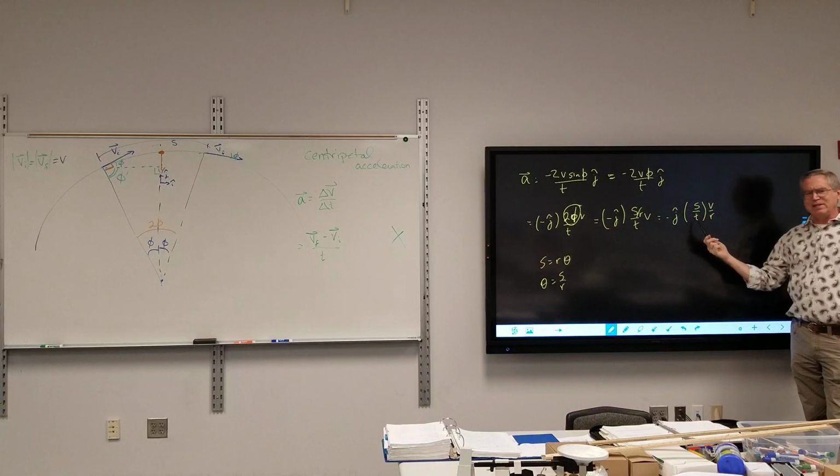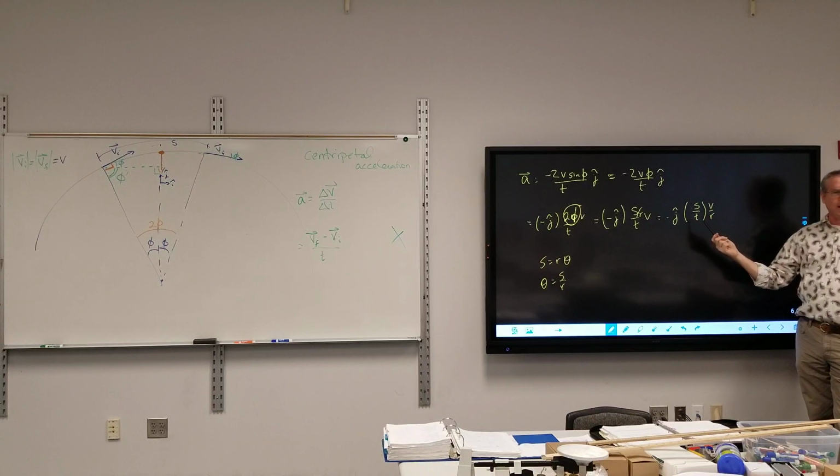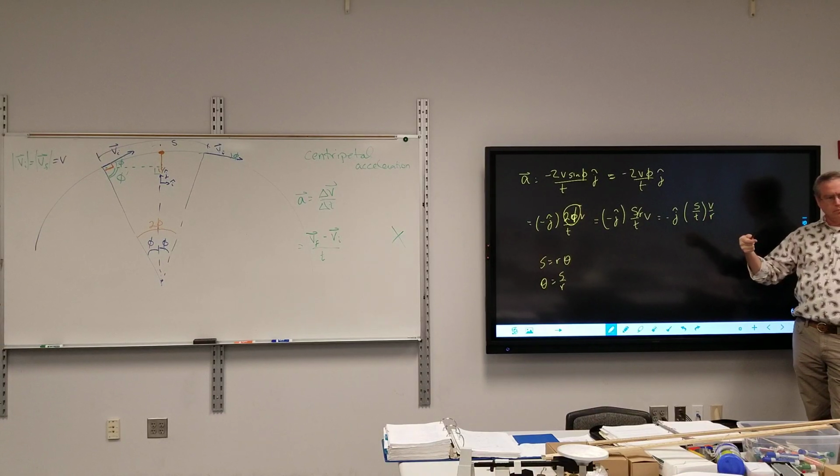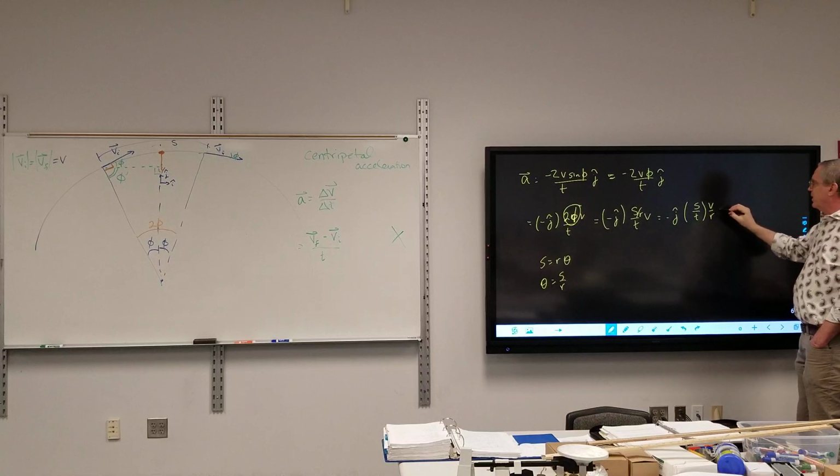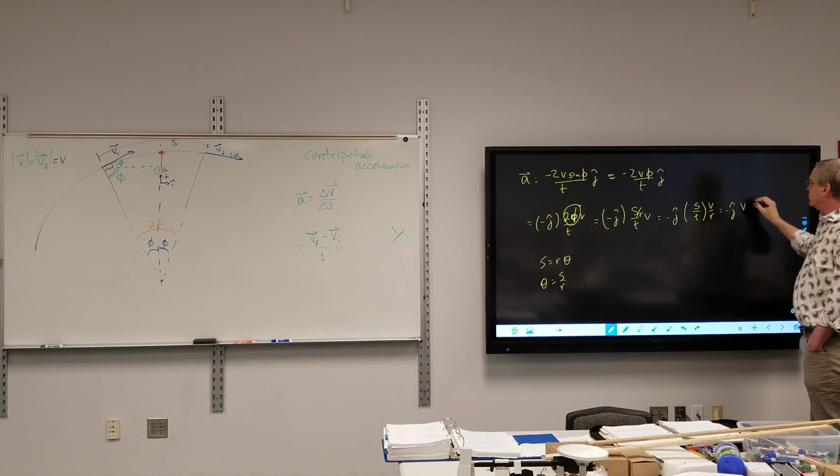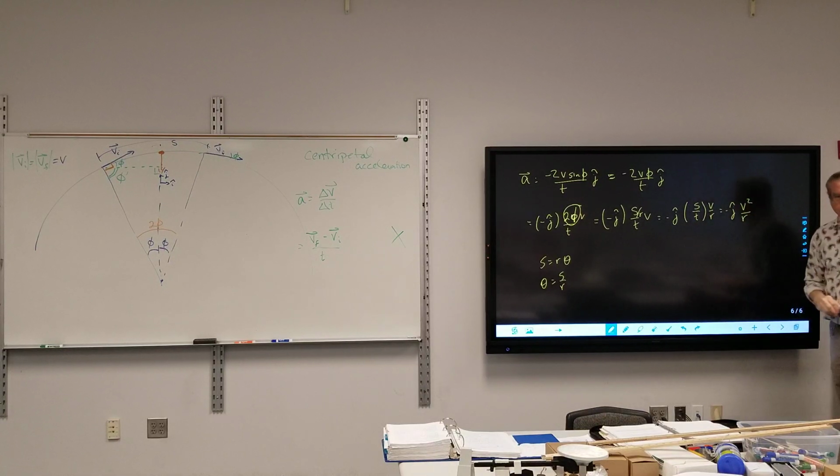And this S over T is the distance traveled divided by time, otherwise known as speed. So we end up with negative j hat V squared over R. This is the acceleration of an object because it's changing direction.